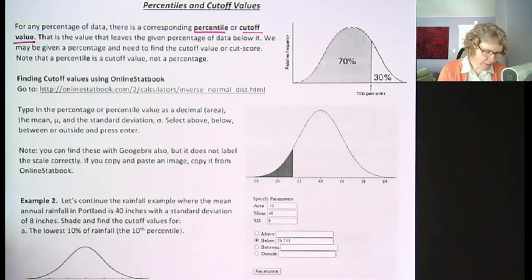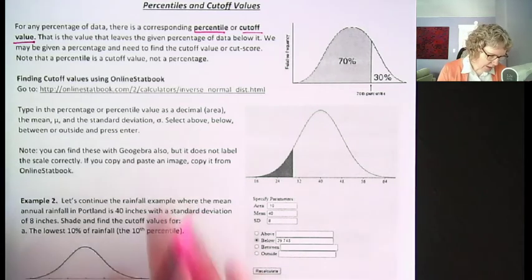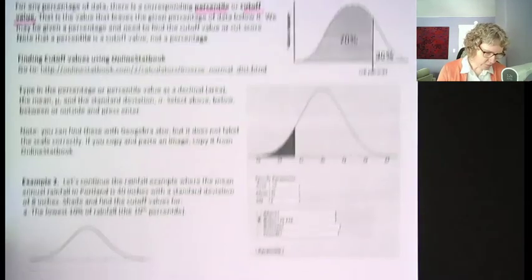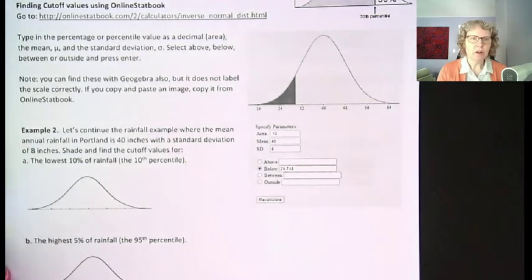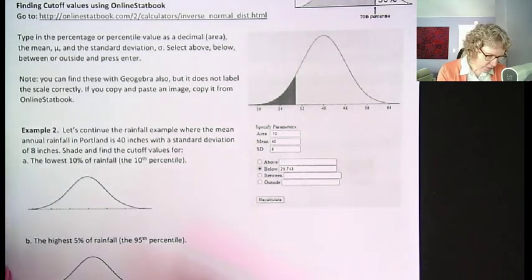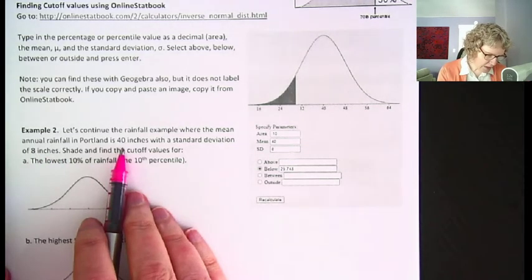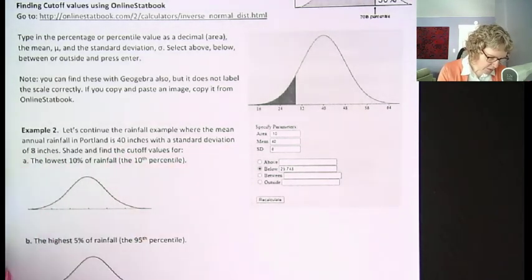So let's try this. What we're going to do is go back to the rainfall example, and I'm going to show you how to calculate these using online stat book. So example 2. Let's continue the rainfall example where the mean annual rainfall in Portland is 40 inches with a standard deviation of 8 inches.